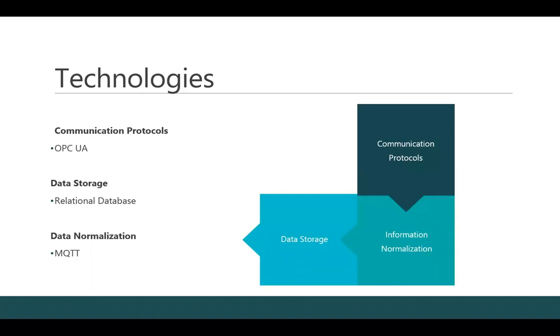And finally, we're going to be using something called the MQTT protocol. MQTT stands for Message Queuing Telemetry Transport. Again, it's an open source, lightweight protocol. It adheres to the pub-sub, publish-subscribe communication pattern, and is used for message queuing services.